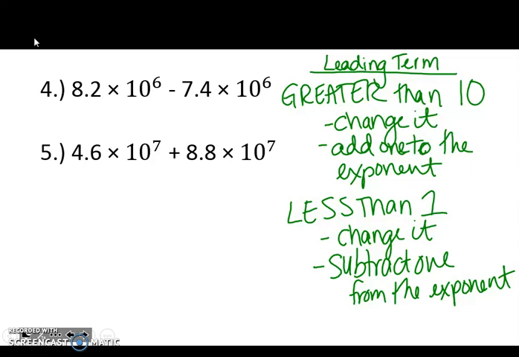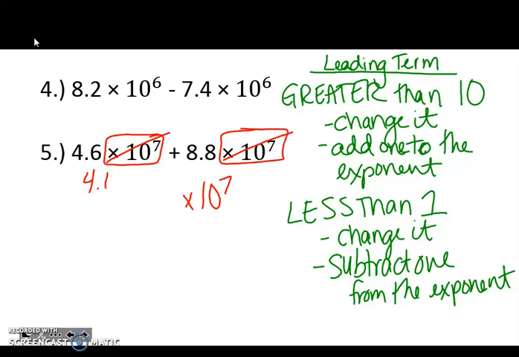So we'll do 2 more. So again, we're going to keep this the same in our answer. So we have times 10 to the 7th. And then I'm going to take 4.6 plus 8.8. And you have to show your work on all of these. So we get 13.4 times 10 to the 7th.